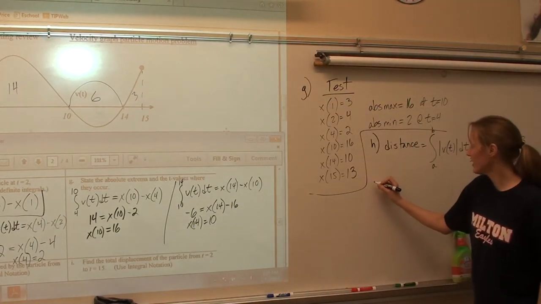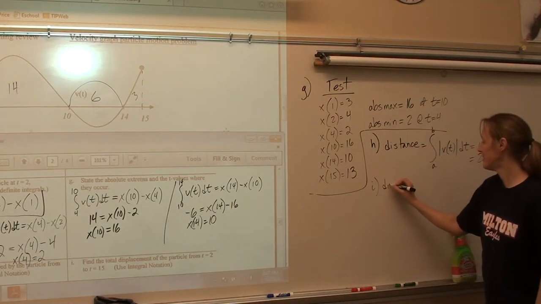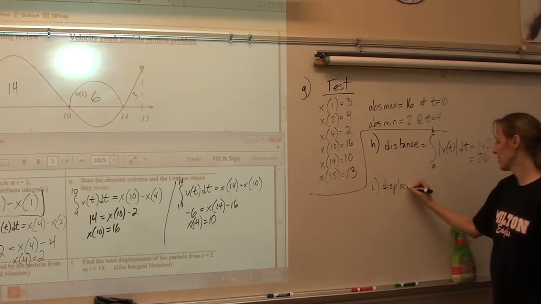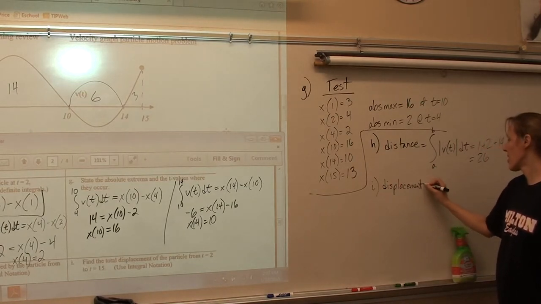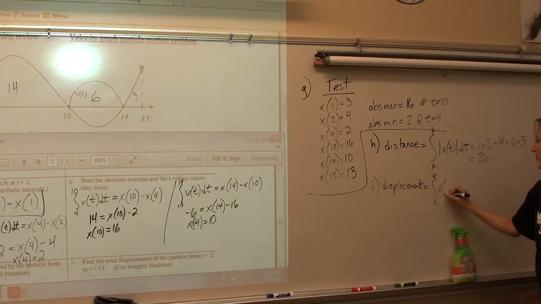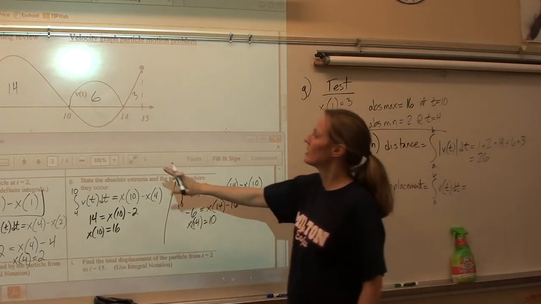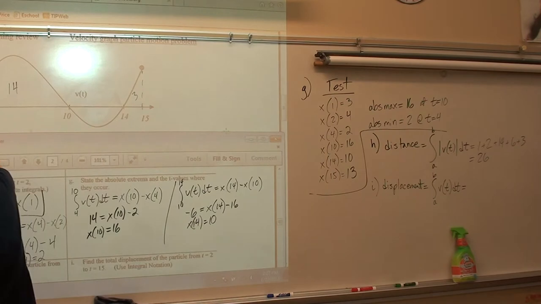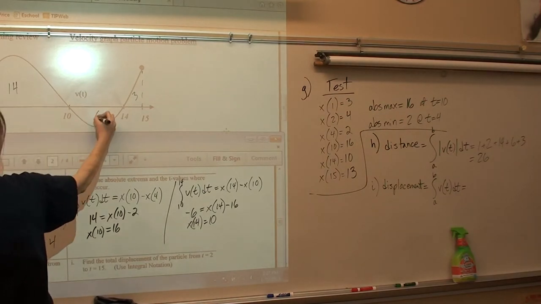For letter I, the displacement. Displacement's just the integral of velocity. Positives stay positives, negatives stay negative. So for displacement, you don't do anything to the graph, you just keep it as is.